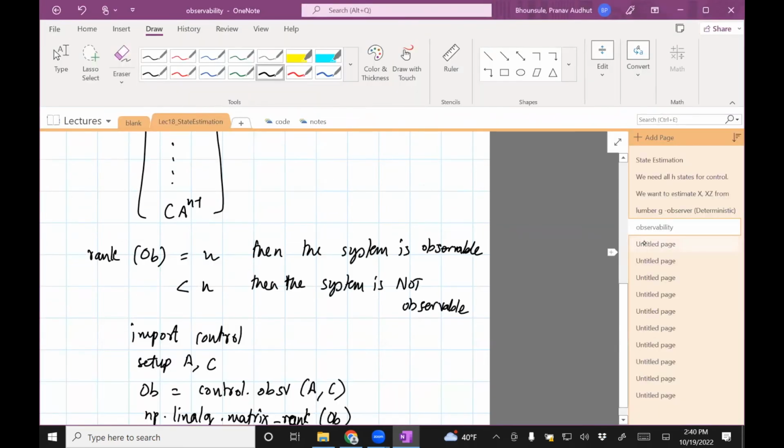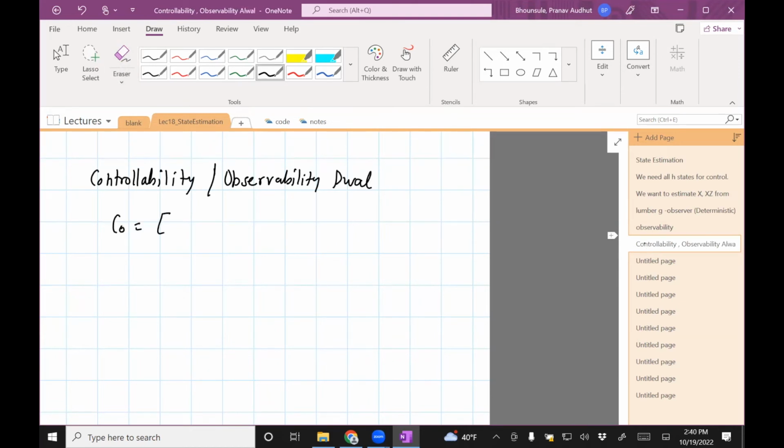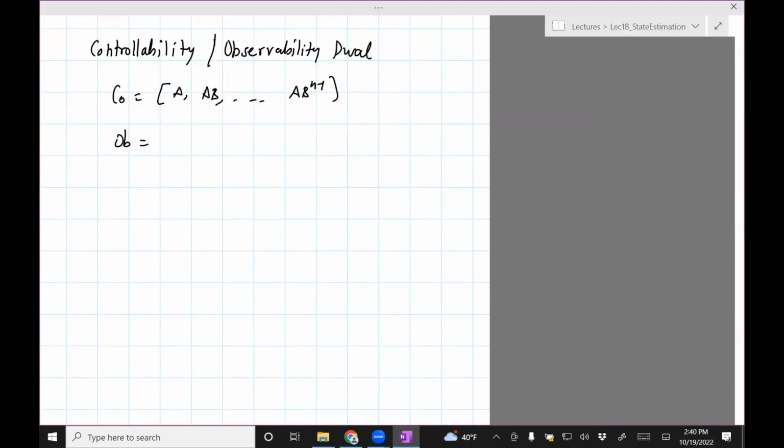Now, if you noticed, there seems to be some similarity between controllability and observability. Okay, let's look at the controllability expression. It's B, AB, so on till A^(n-1) B. And observability was defined as C, CA, CA squared, so on till CA^(n-1).